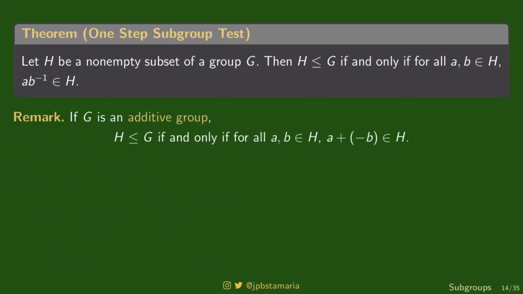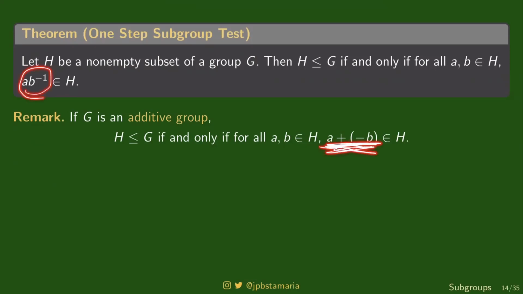Meron lang akong i-remark sa ito. In the theorems, I always use the multiplicative notation. But if let's say the operation of the group is addition, yung AB inverse does not really look like AB inverse, ha? Kung addition yung operation sa G, ang meaning ng AB inverse ay iba. Ang meaning talaga nun, A plus the additive inverse of B. Kapag ang operation addition, numbers, ang meaning nito, subtraction.